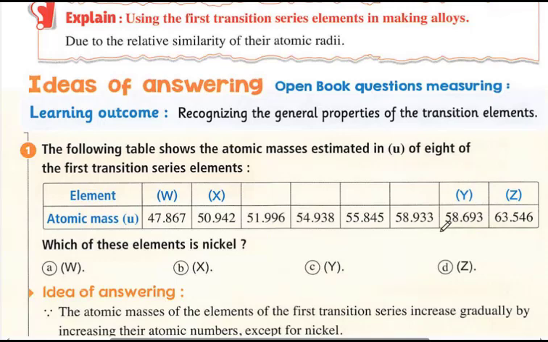To make sure our answer is correct, here we see cobalt 58.9, and the atomic mass of nickel is supposed to be higher, but here it is approximately 58.7. So nickel is the only exception. The correct answer, nickel, is the exception in atomic mass: when going from left to right the atomic mass is supposed to increase, but nickel is less in atomic mass than the preceding element, which is cobalt. So the correct answer here is Y, which is C.